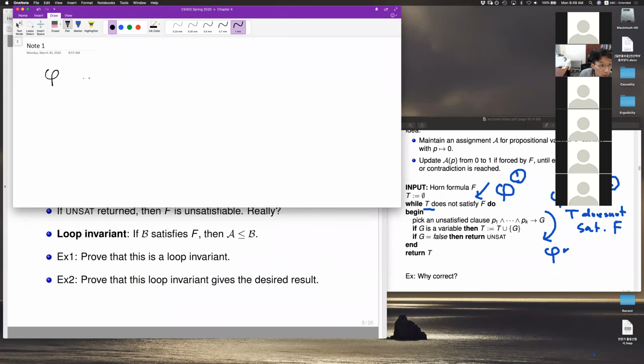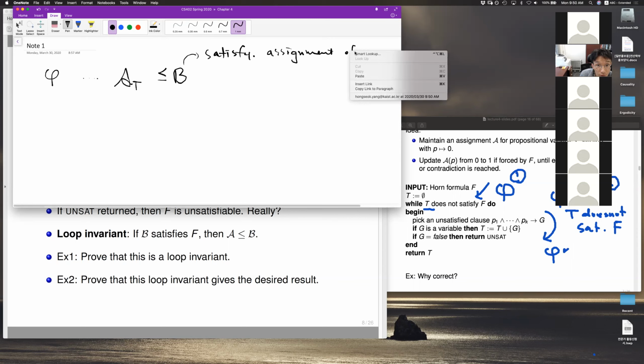The statement is that the A, which is obtained from T, I'm going to sometimes write the subscript T or maybe not, is always less than or equal to B, which is a satisfying assignment of F. Our assumption is that B exists, and then we are assuming that A is less than or equal to B.